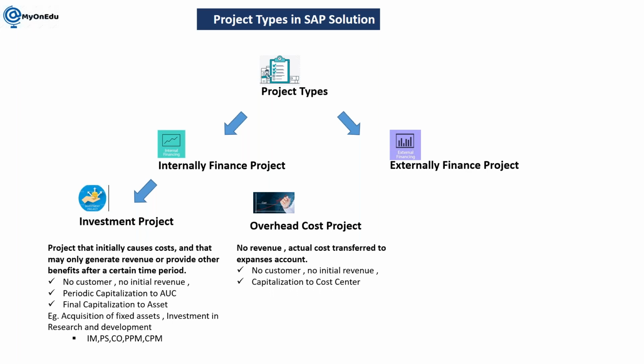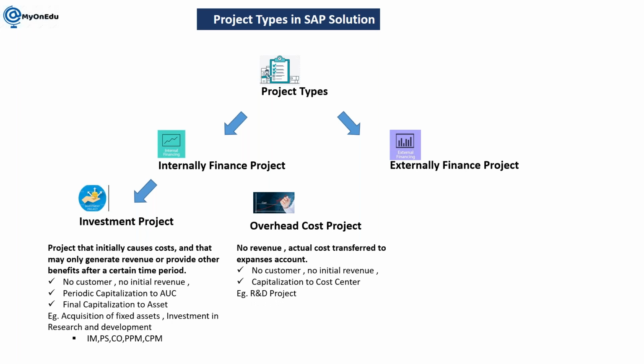Also capitalization to cost center. So let's say if you are, as an organization, in a particular department, buying some stationery to do some official work, so the stationery amount which you are putting to buy this stuff has to be capitalized into the cost center in your organization department, because we don't have any revenue or any investment with reference to these particular expenses.